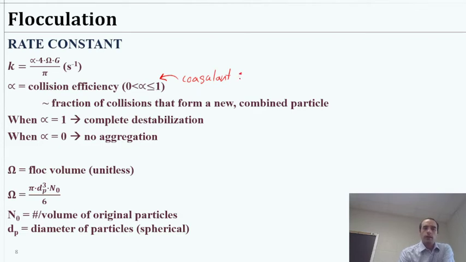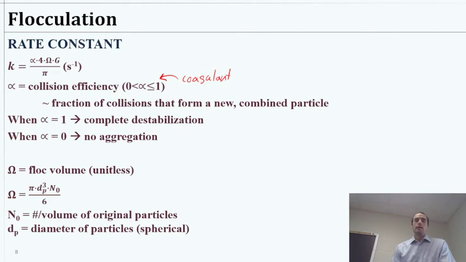I already wrote it here. So when this alpha is equal to 1, we have complete destabilization. And that means they're very sticky. So anytime they meet, they're going to stick together. On the opposite end of the spectrum, if this value is 0, then 0% of the time when they collide do they form a new particle.